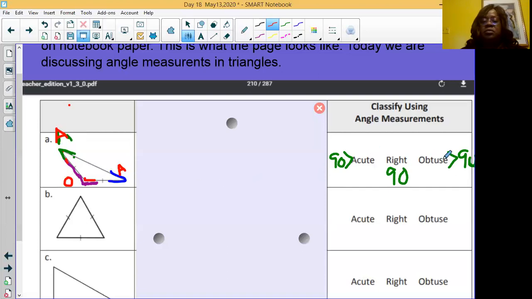I know obtuse is greater than an acute, so therefore this would be an obtuse angle. So please circle that on your paper if you have it. If not, draw your triangle and then label it obtuse. Okay, if you need additional time, just pause your video.